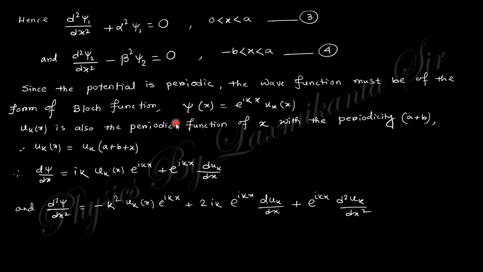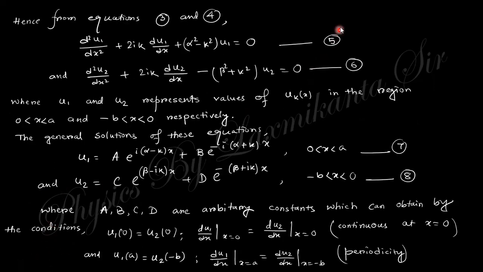I think you can do this calculation. If there is any doubt, you must comment in the comment box, or you can contact me. Just using this relation in 3 and 4, you will obtain equations 5 and 6, and their differential equation solution will be like that, where a, b, c are arbitrary constants, and these can be found by the boundary conditions: it is continuous at x equal to 0, and the derivative is also continuous, and periodicity means that at x equal to a and x equal to minus b the function is the same, so periodically these two are equal.